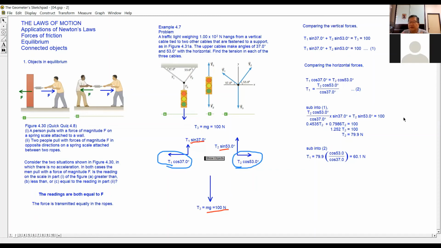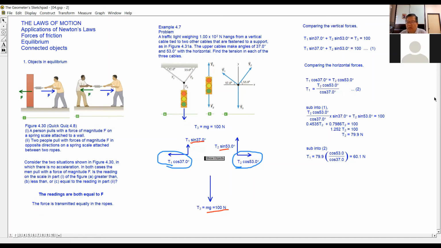Now you just take out your calculator. You calculate cos 53 multiplied by sine 37 divided by cos 37. See if you can get this number. 0.4535. You have your calculator with you? You try and see. Is it this number?